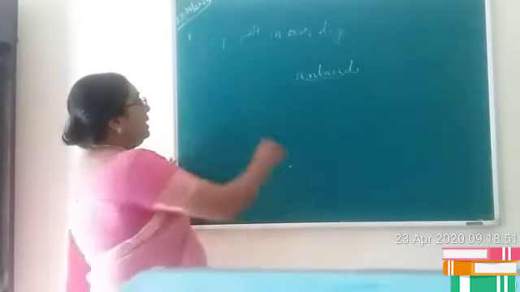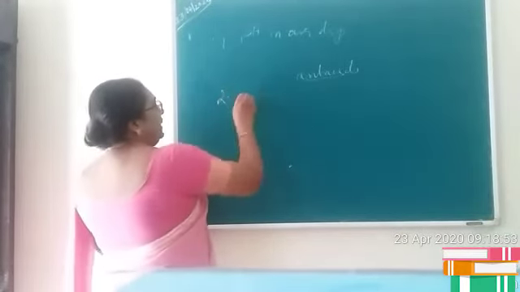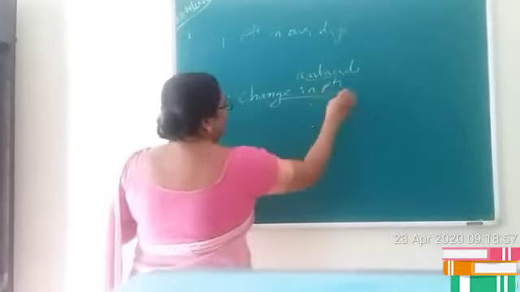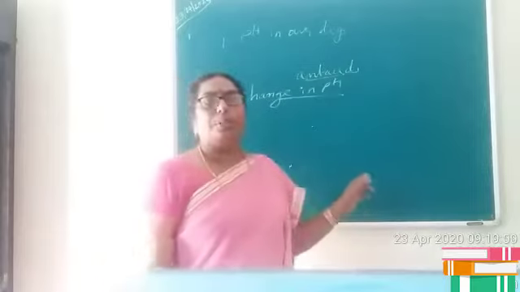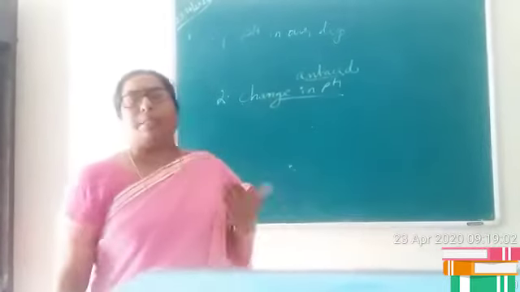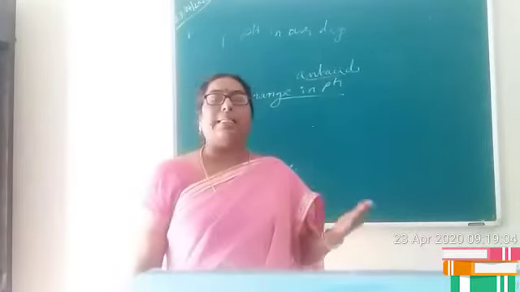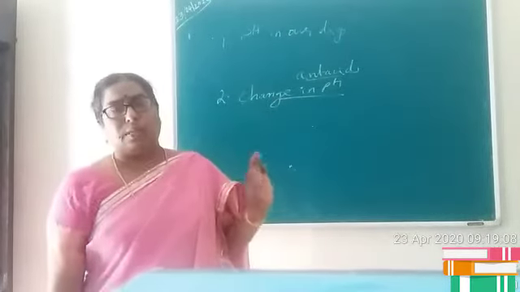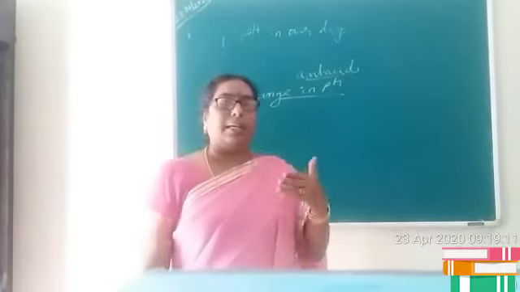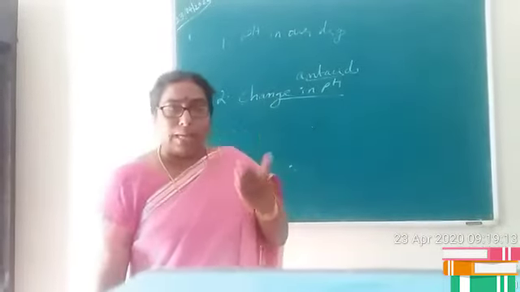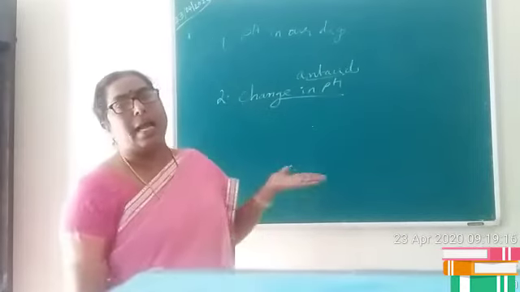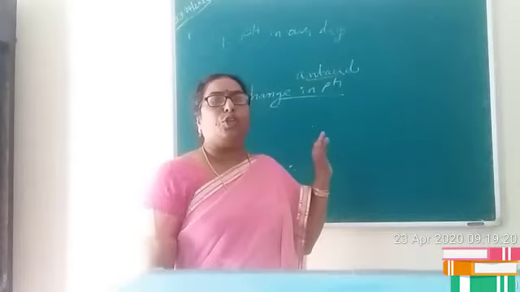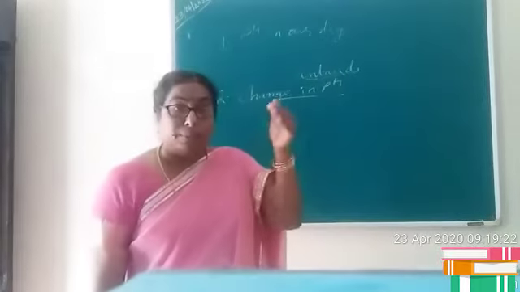Is it clear, children? Now the second one: change in pH leads to tooth decay. The enamel of our teeth is chemically calcium phosphate, which is quite hard. So normally it doesn't corrode, but the bacteria in our mouth decompose the sugar particles present there, which results in the formation of acid, and this brings down the pH of the mouth below 5.5.